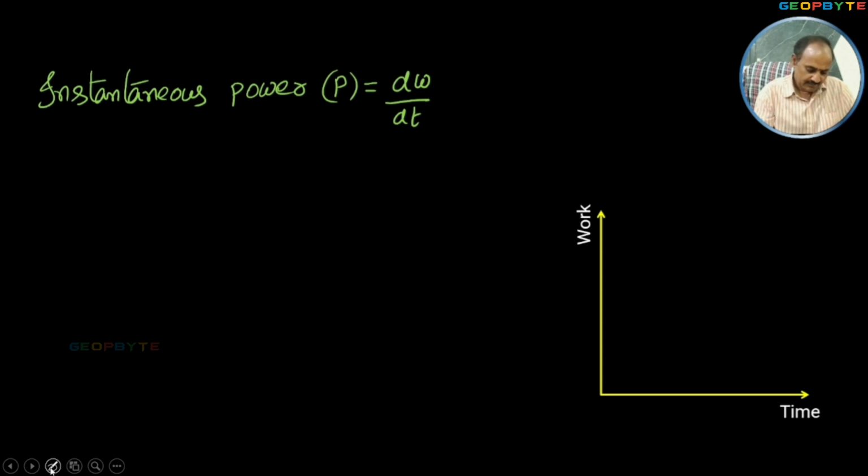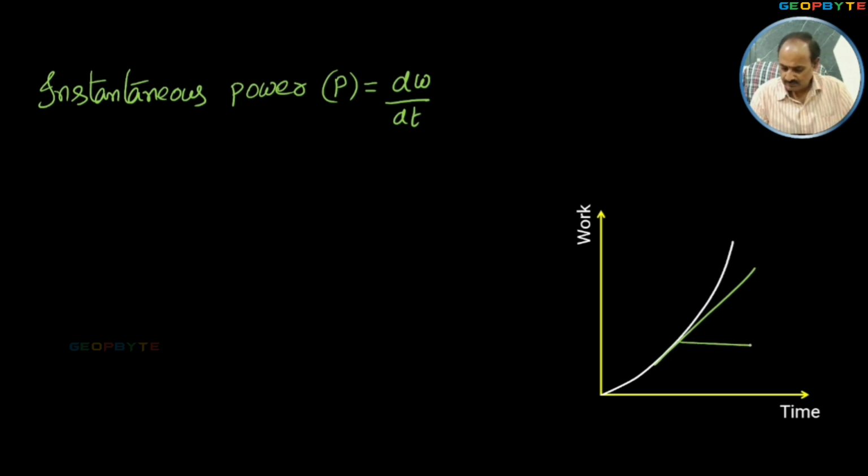That means if I draw a graph between work and time like this, and you try to draw a tangent to the curve, with angle theta, then the instantaneous power equals dw by dt. This is the dw, this is the dt. This is equal to tan theta. From that I can say that the slope of the work versus time graph is giving the power.